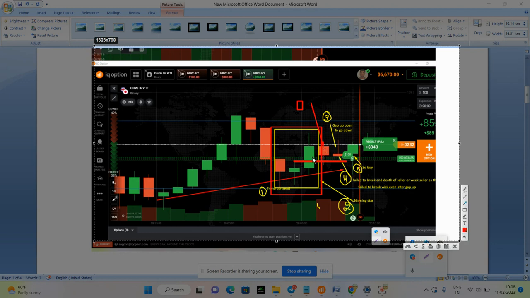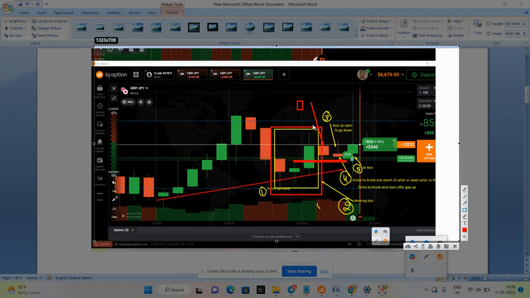This candle failed to retest the key level. So the next candle tried to retest the key level and again failed.